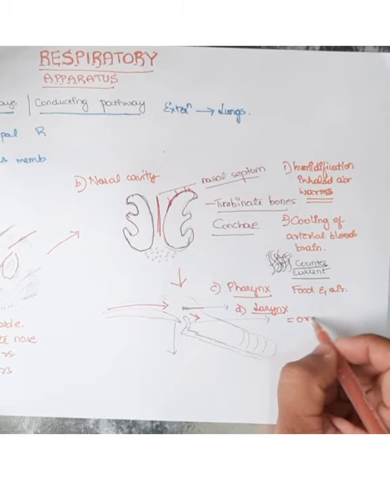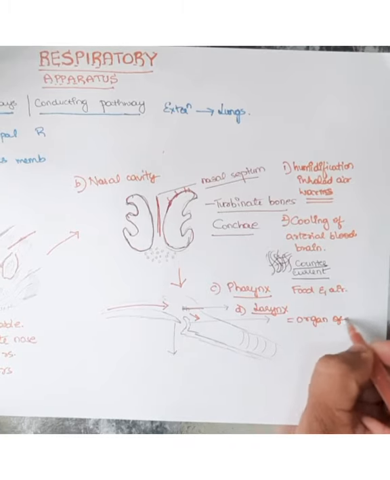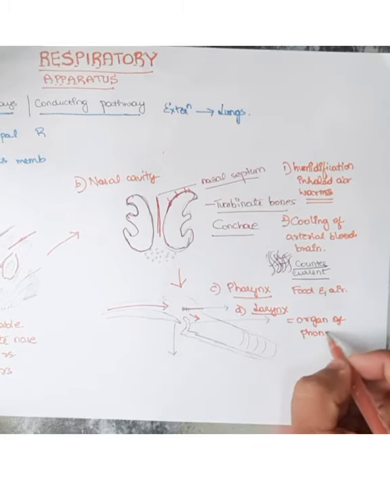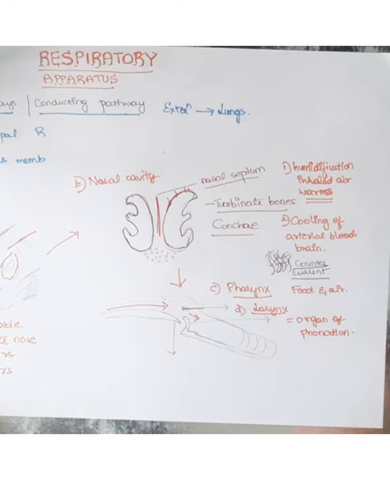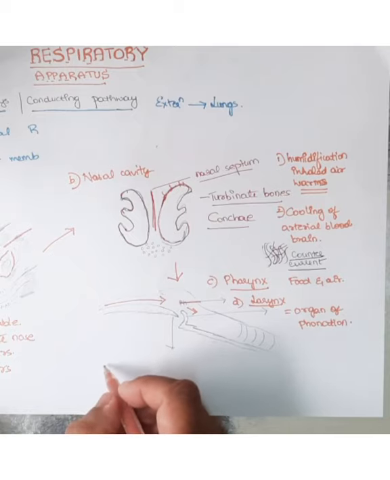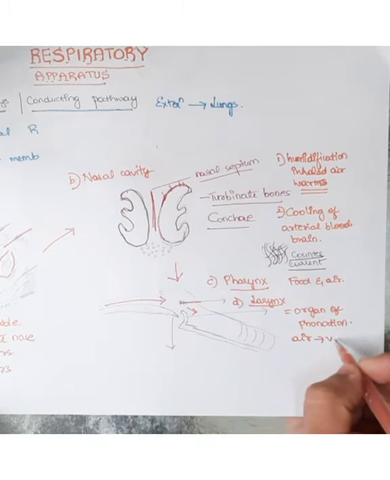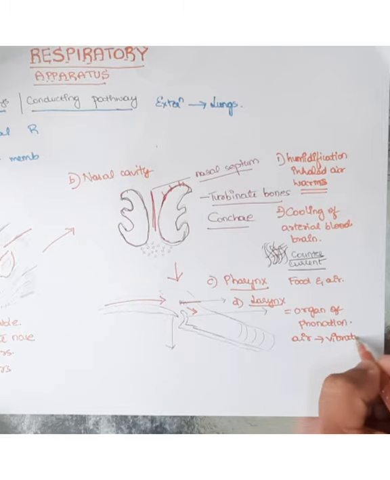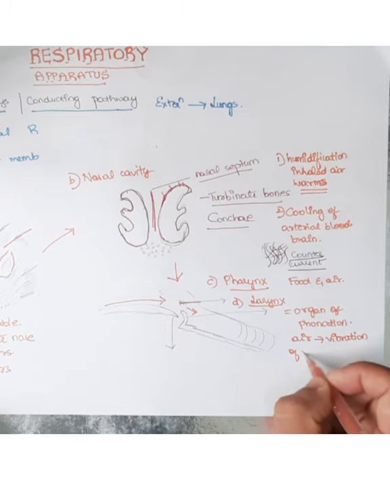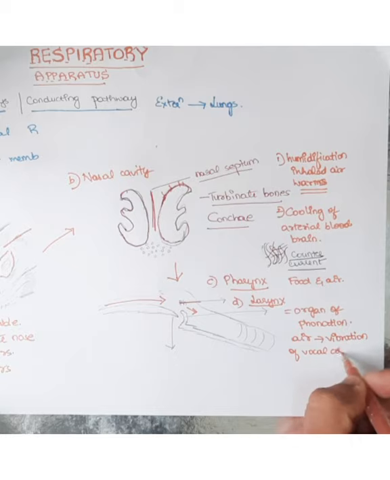Larynx is the organ of phonation. That is, the sound is produced from the larynx. Whenever the air moves, it causes the vibrations of the vocal cord, which produces the sound or the phonation.